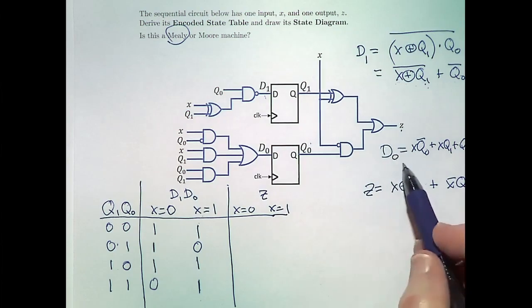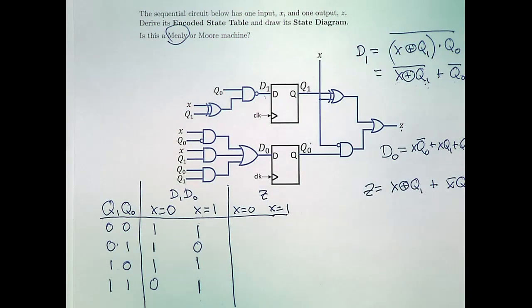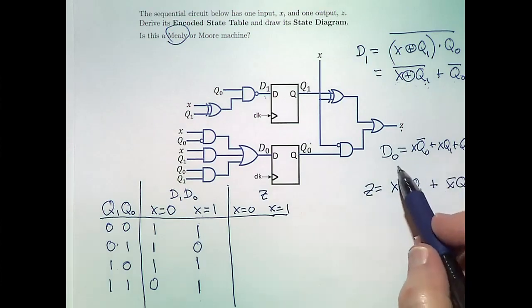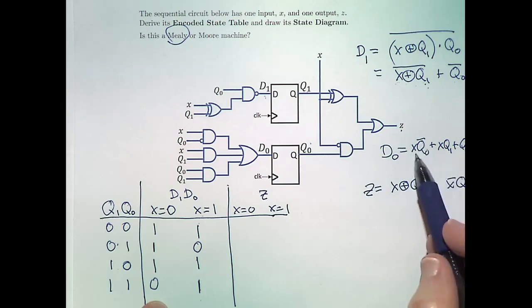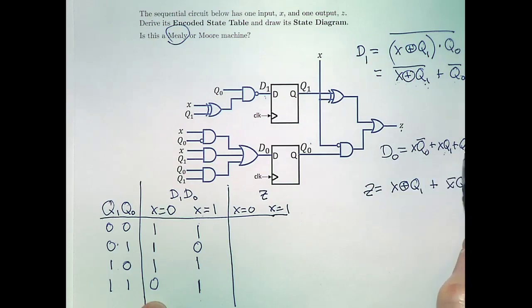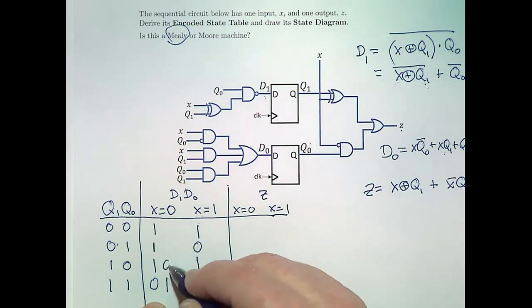Okay, D0 is a little simpler because we don't have that XOR to worry about. Okay, so where is D0 going to be 1? Well, when X is 0, these 2 terms go away. So the only way it's 1 is if both Q0 and Q1 are 1, and that happens here. Okay, so we can put zeros here.